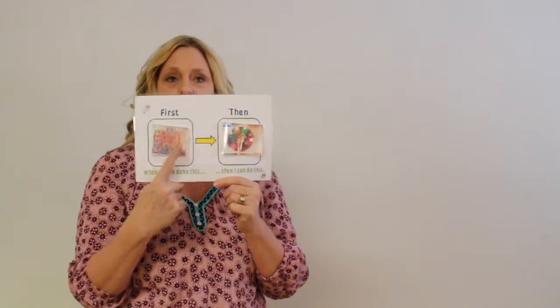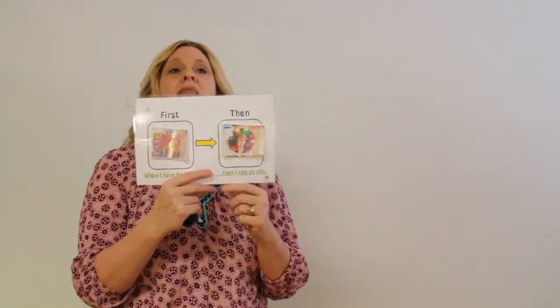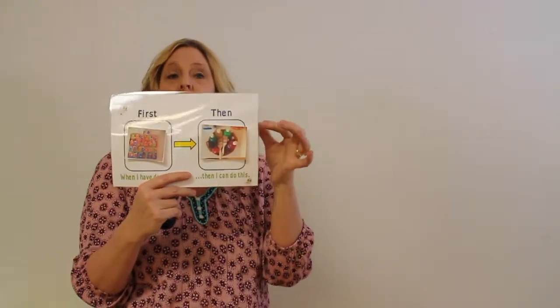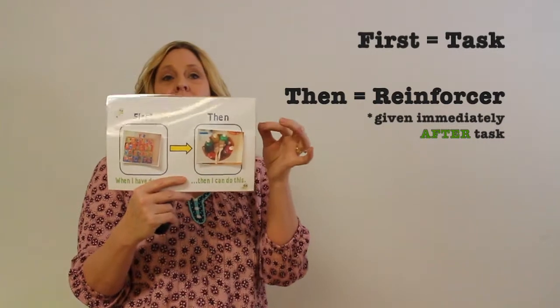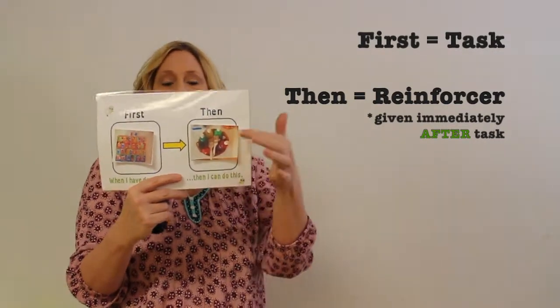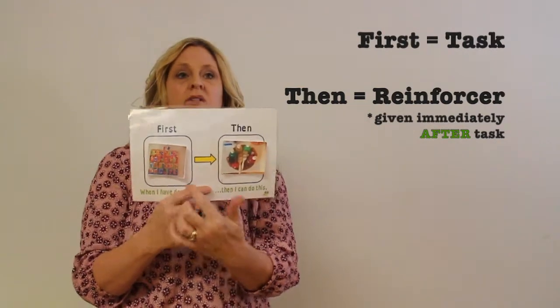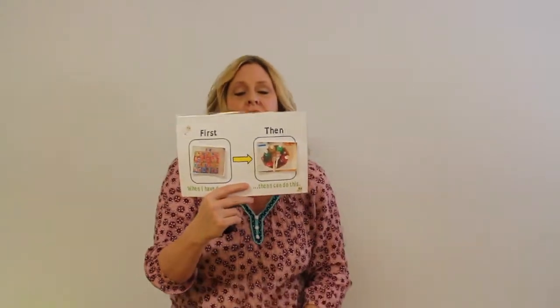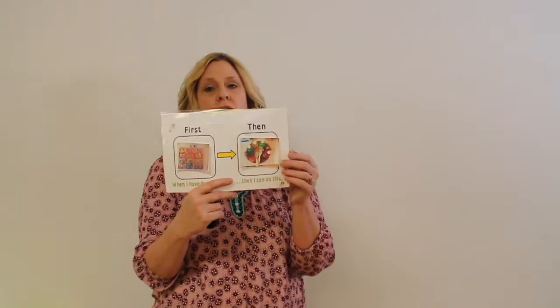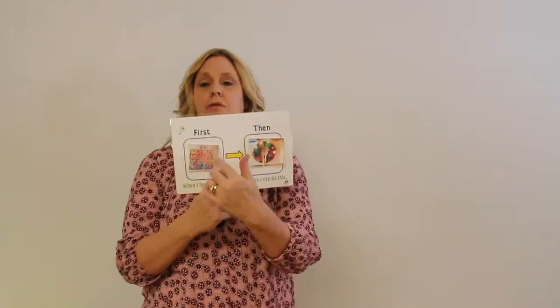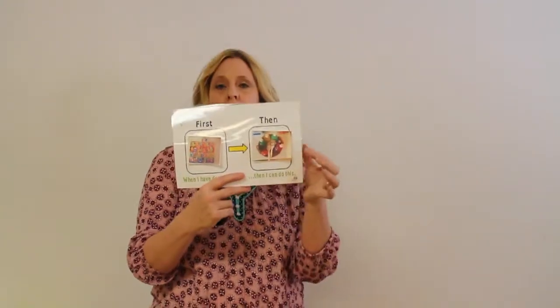So this is in my first box, and then over here in the then box, a preferred item or activity is going to go, that your individual may find rewarding after they complete the first task. This preferred item or activity should be motivating enough to increase the likelihood that the individual is going to follow your direction. So first we're going to work on our letters, then we get to paint.